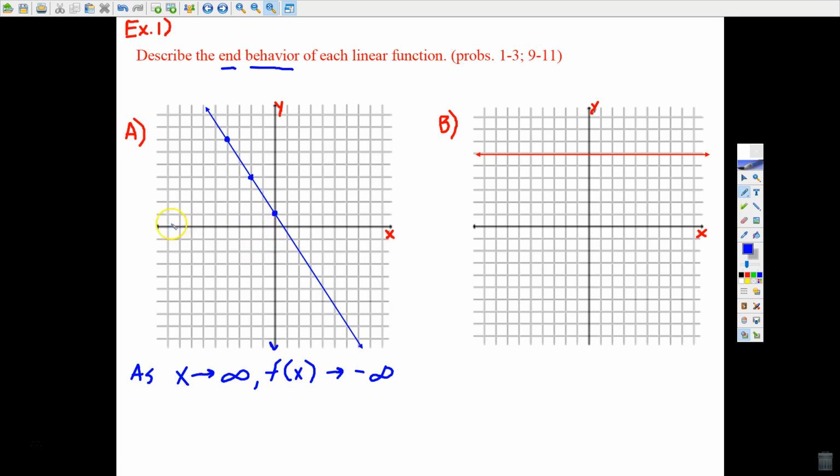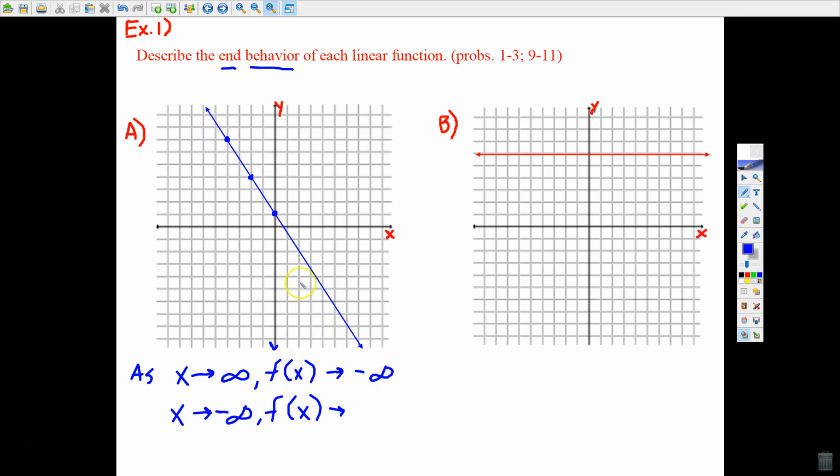Now let's go to the left. As x approaches negative infinity, so the numbers for x keep getting smaller and smaller and smaller, do you notice that the function f of x, which corresponds to the values on the y-axis, those values are getting larger and larger and larger?